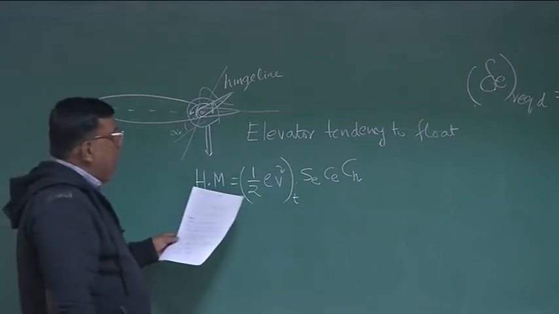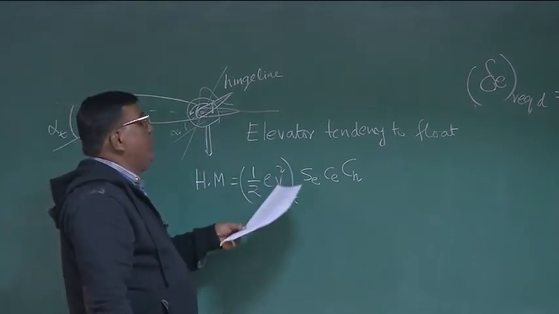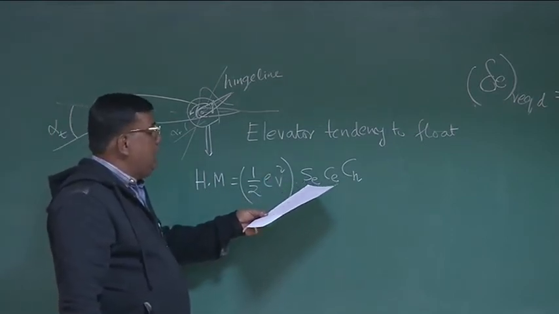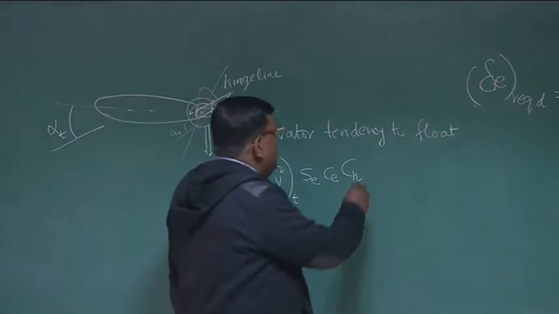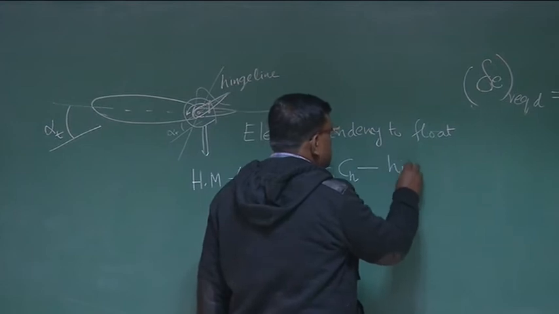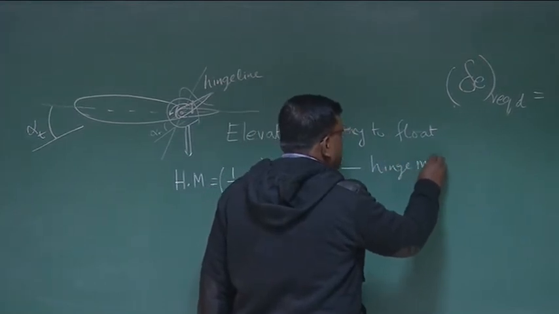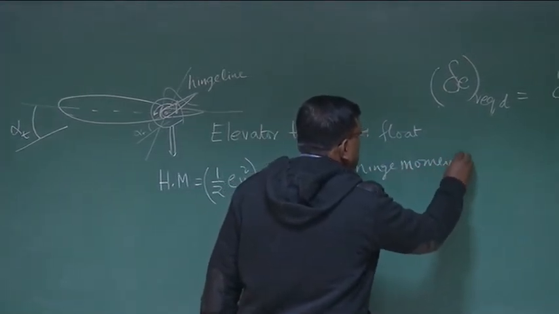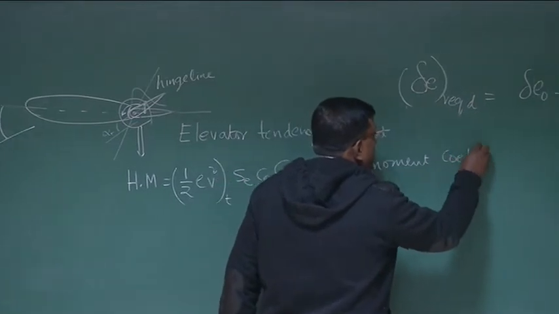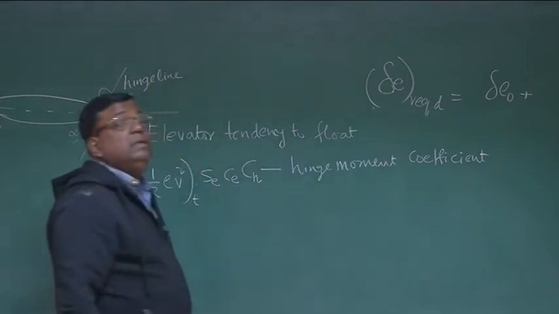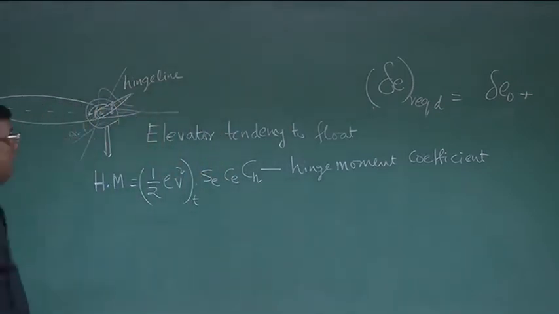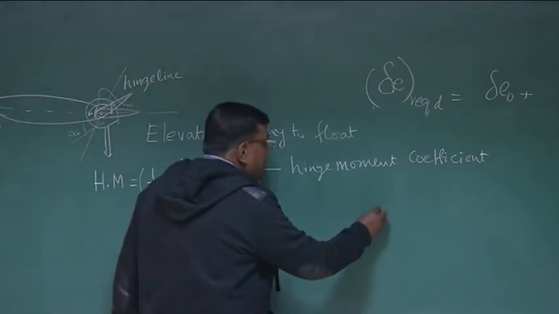I am defining hinge moment as half rho v square at tail, S elevator, C elevator, and CH is the hinge moment coefficient, like we have the pitching moment coefficient as Cm, right?